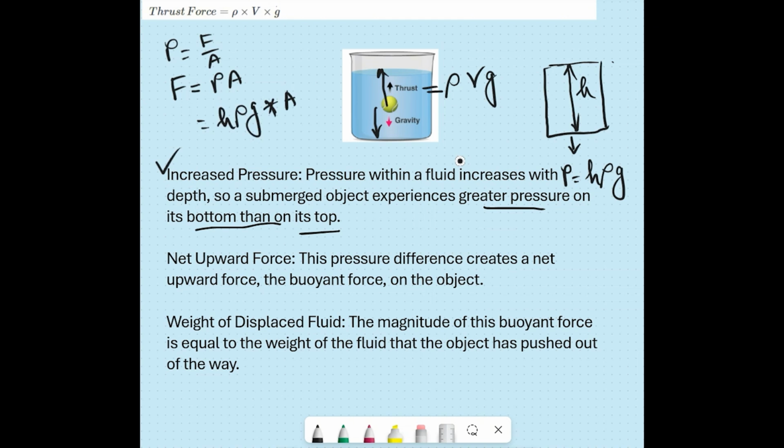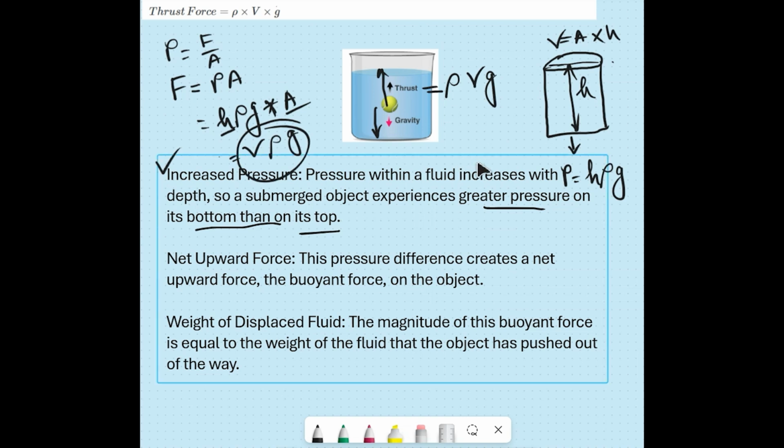So this is the container, and all the containers where we keep the fluid or water look like a cylinder, right? So the area of the cylinder is A and height is H, right? So H times A is actually the volume. So we could write down H times A is V rho G. This is actually the thrust force as well.